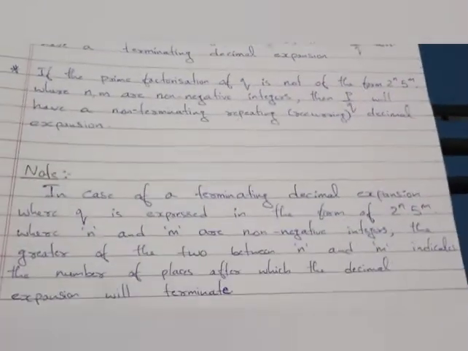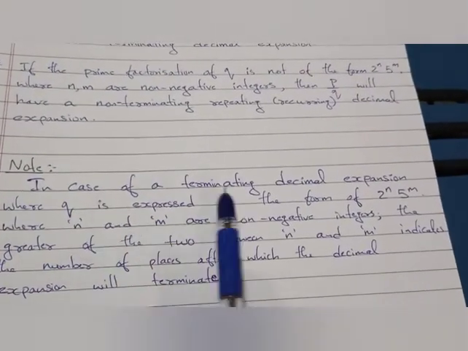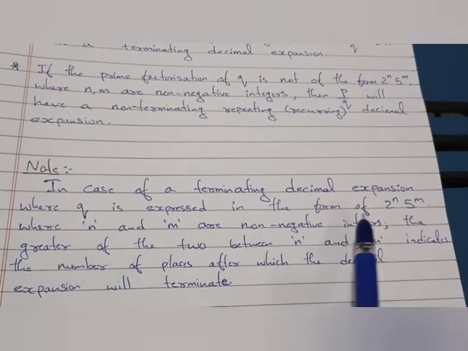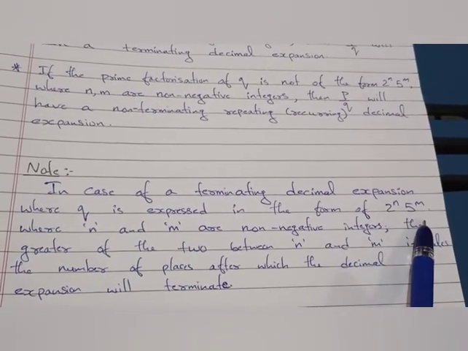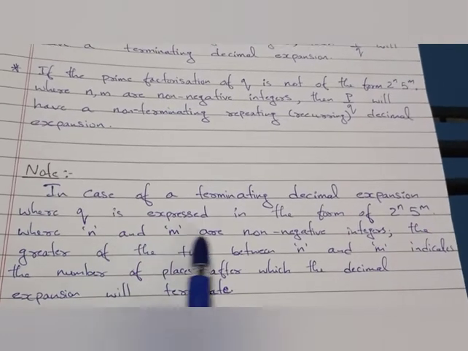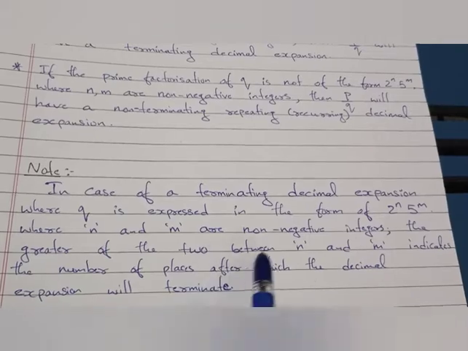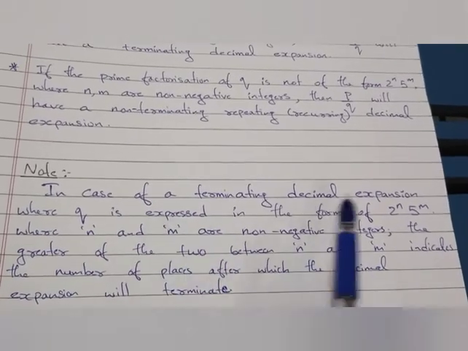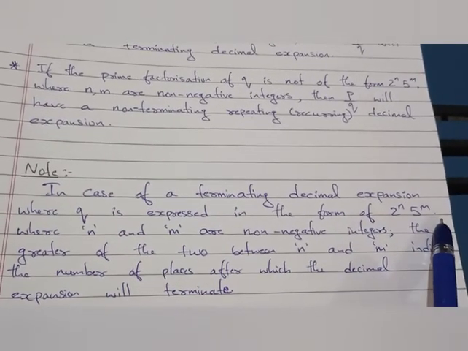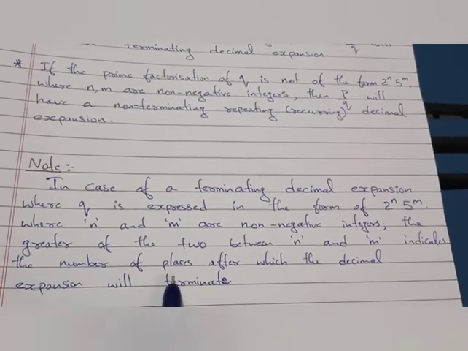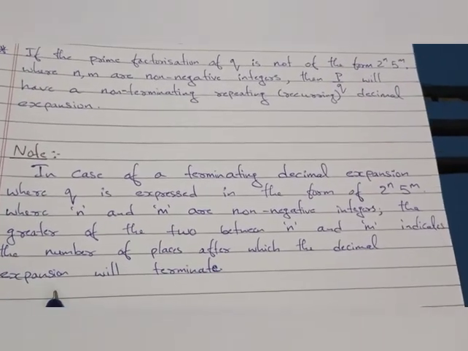Now for a note, in case of a terminating decimal expansion, where q is expressed in the form of 2 to the power n, 5 to the power m, the greater of n or m indicates the number of places after which the decimal expansion will terminate.